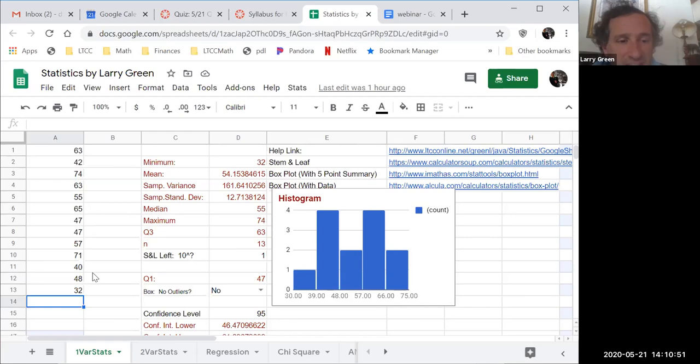Notice we're on the one var stats because we only have one variable here, and that is age. And notice the mean is 54.15384645, right? By the way, is that less than 58? You better all know that. Or sorry, is that different from 58? Is that different than 58?